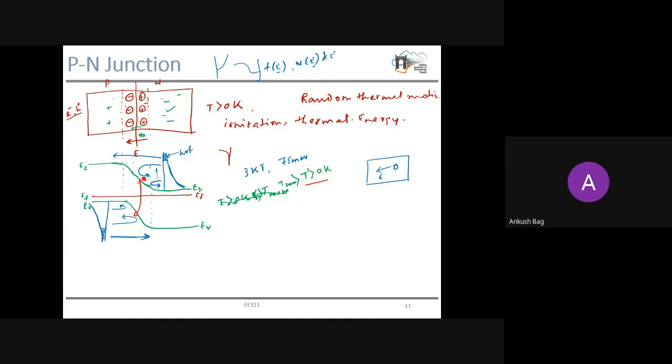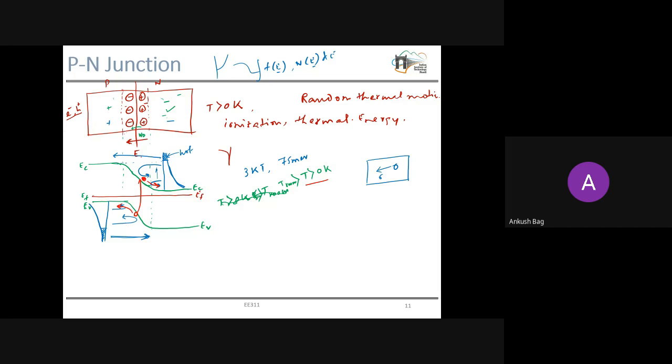And now see, whenever we have one electron excited to the conduction band, what will happen? This electron will move this side, because the electron will always try to take the lowermost energy. And similarly, this hole will always try to take the lowermost energy, which means it will move in this direction.